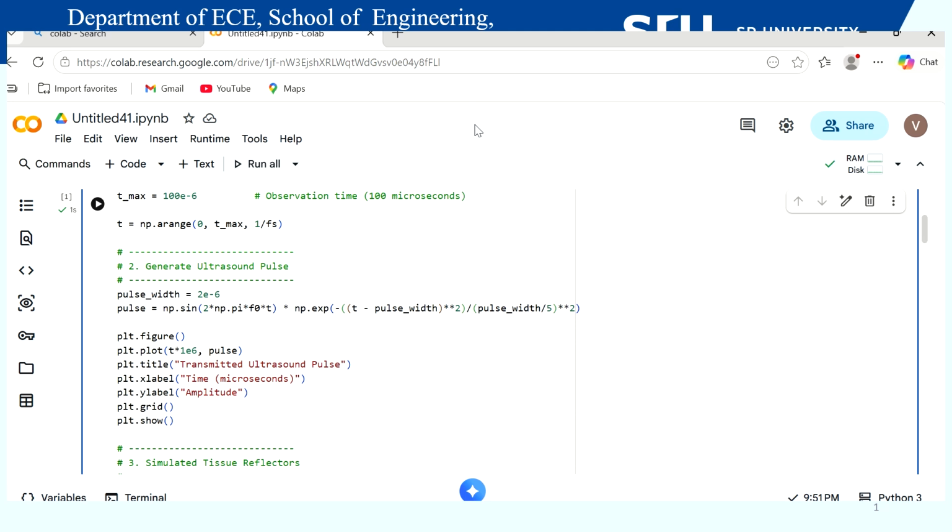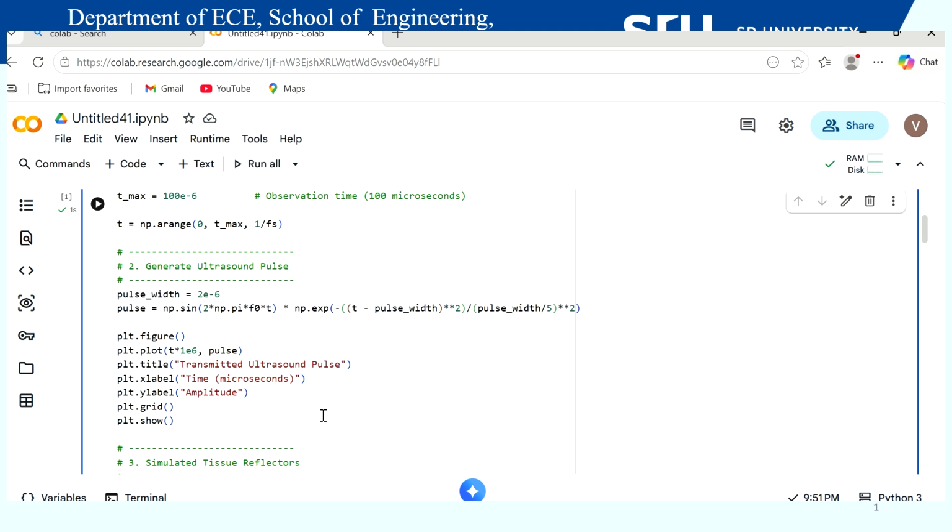The first part is sin(2 pi f t), which is the 2 megahertz ultrasound carrier wave. The second part is e power minus ((t - pulse_width) squared divided by (pulse_width / 5) the whole squared), and this is the Gaussian envelope.